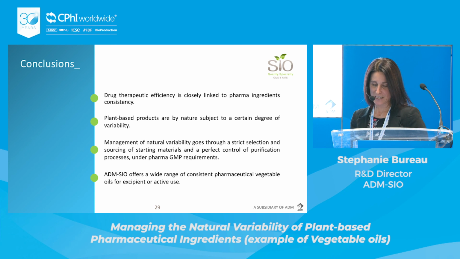So making pharmaceutical ingredients from these natural-based raw materials can sometimes be very challenging. But it's made possible by a rigorous sourcing of the starting material and perfect control of purification processes and the GMP requirements. And we can provide you a wide range of consistent vegetable oils for use as APIs or as excipients.